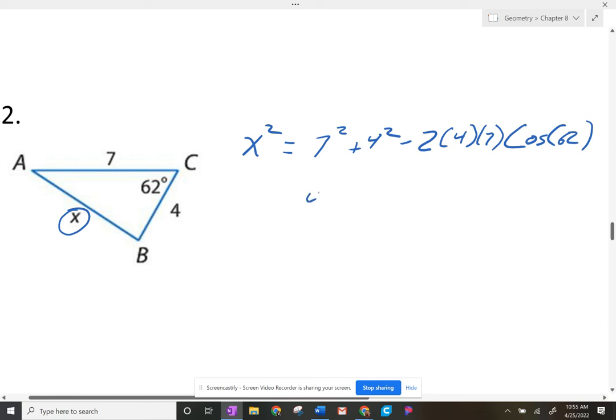Plugging all this stuff in, I get 49 plus 16 minus 56, and then cosine of 62 is going to be, I'll put it in a decimal here, 0.469.